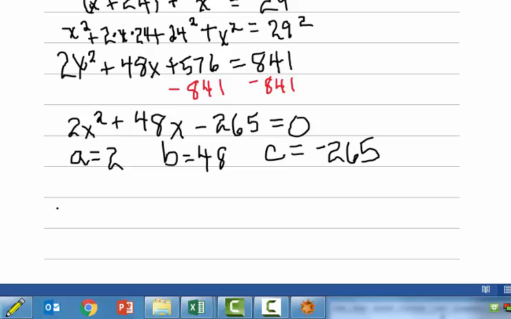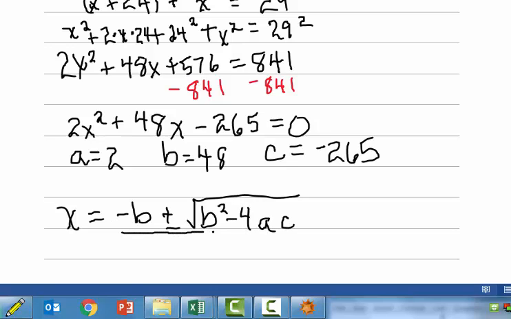We know that our x will be minus b plus or minus the square root of b squared minus 4ac all over 2a.